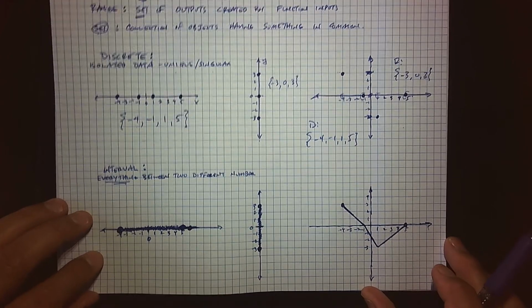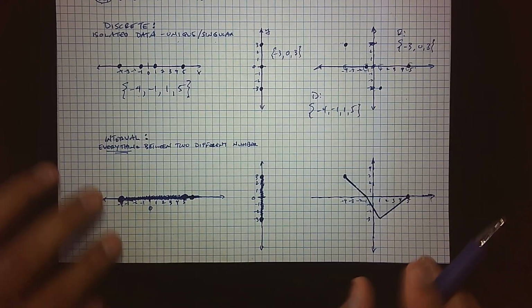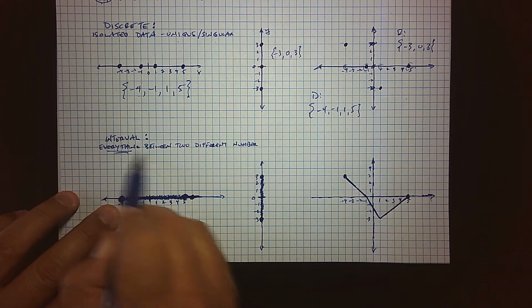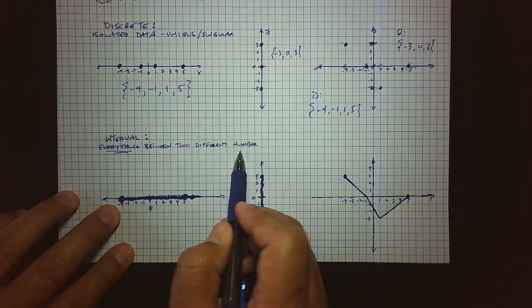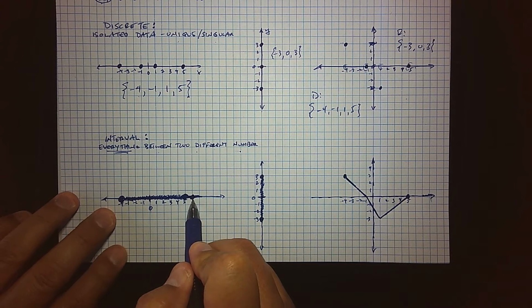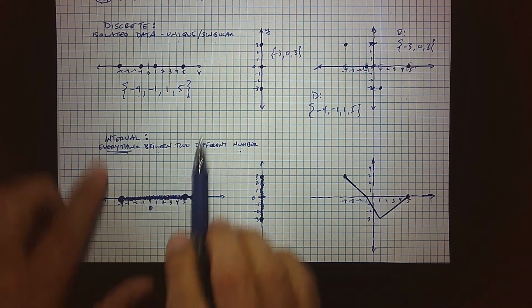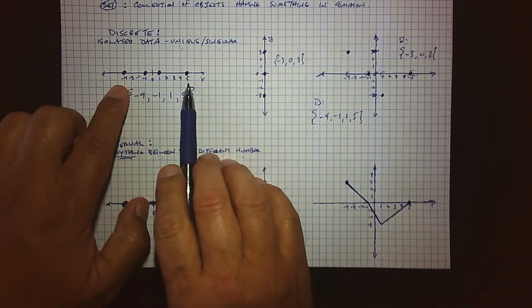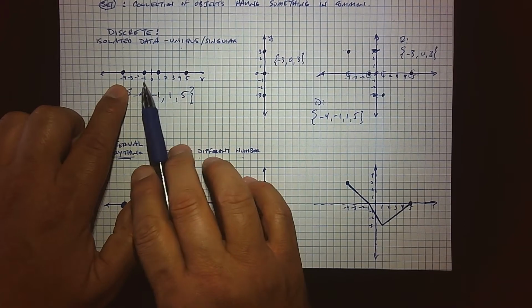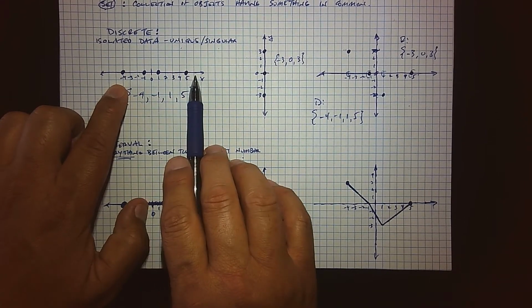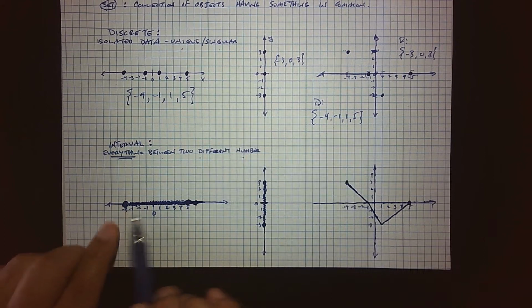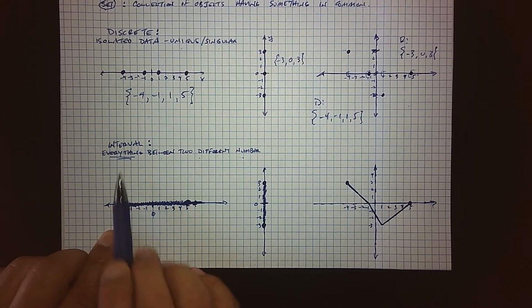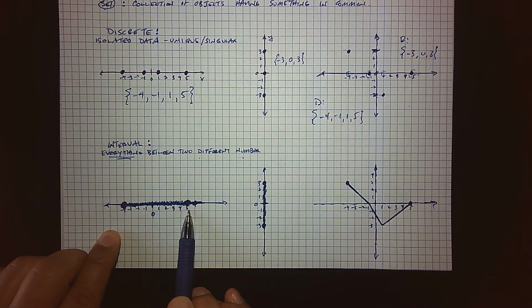Another type of set is what we call an interval. An interval is everything between 2 different numbers. Apologize for that dot there, but notice here we're talking about -4 to 5, but the numbers are isolated and distinct. Here it's different because I am talking truly about everything from -4 to 5, and I'm shading everything in between.